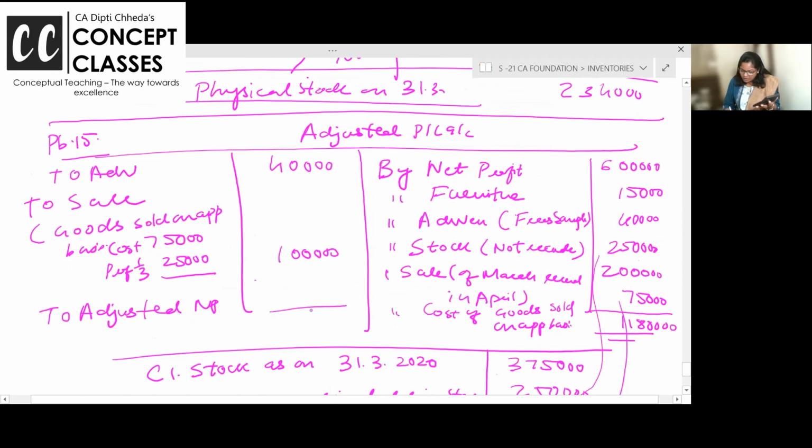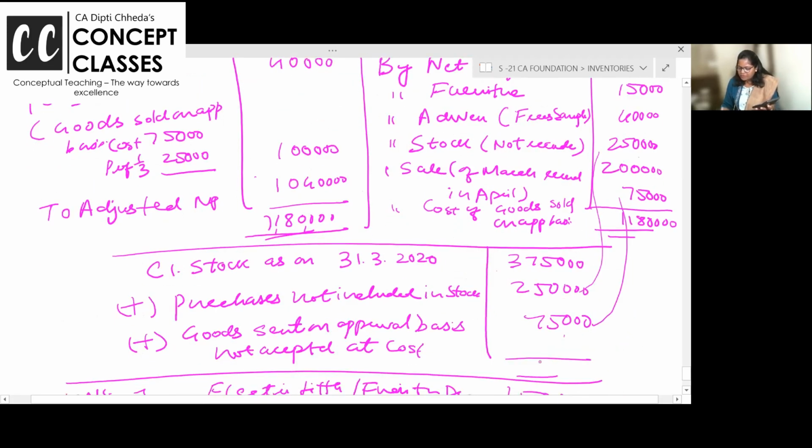11,80,000 is the total. You all please complete the problem with me. I know this problem needs second time explanation in my live batch always. I will take it again for all of you. 11,80,000 is the total, minus 40,000, minus 1 lakh. 10,40,000 is adjusted net profit and closing stock.